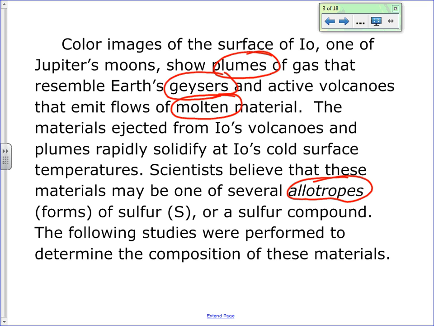All right, as usual, there are three different ways to learn new words in science, especially on a passage like this. They're either defined for you, you can use background knowledge or context clues, and the third way is to look it up. On the ACT, we can't look it up, so let's try to figure out from one of the first two. First off, show plumes of gas. Anyone think of what the word plume would mean if we're talking about gas coming out of a volcano?